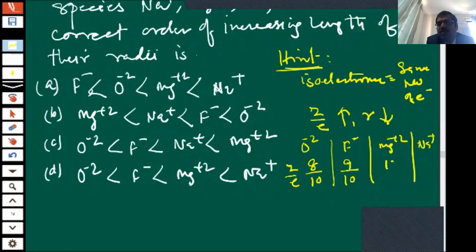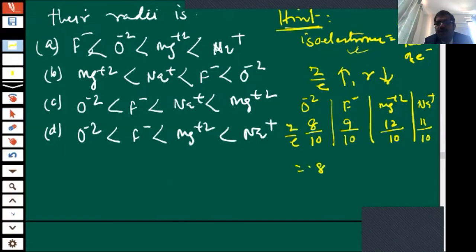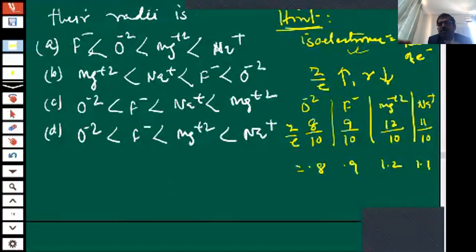For Mg, Z is 12 and the number of electrons is 10 only, because the electrons are the same, only then we call it isoelectronic. For Na, it is 11 and it is 10. Now calculate the value, children. It is 0.8, 0.9, 1.2, 1.1.